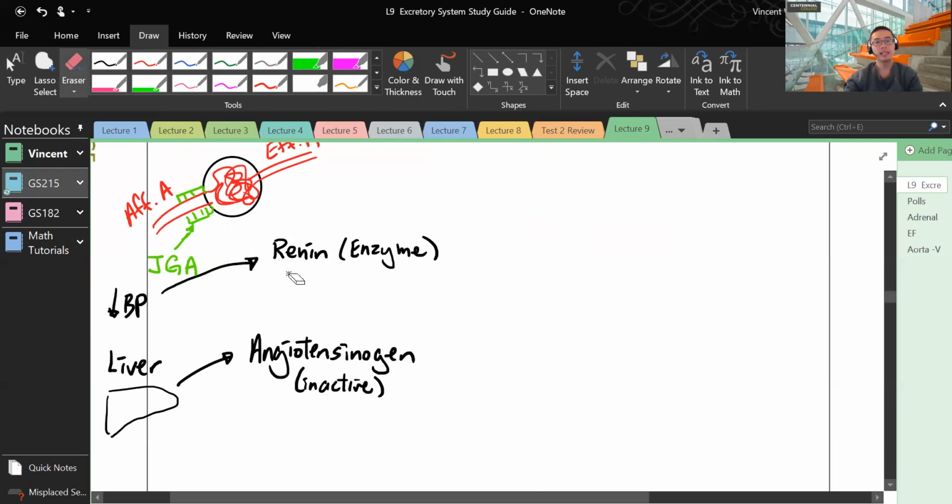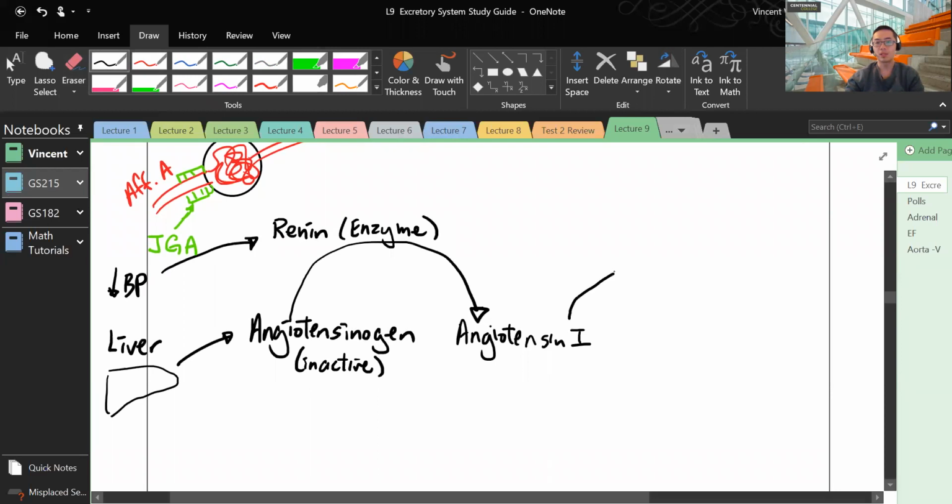And in the presence of renin, angiotensinogen will get converted into angiotensin number 1.